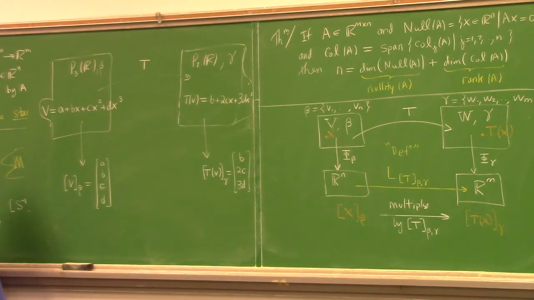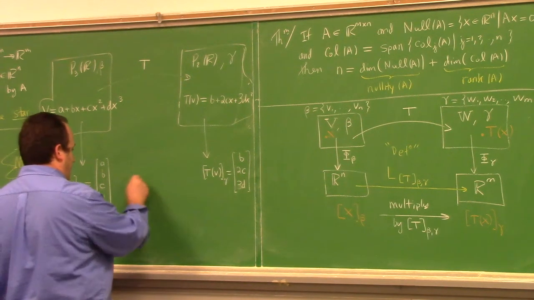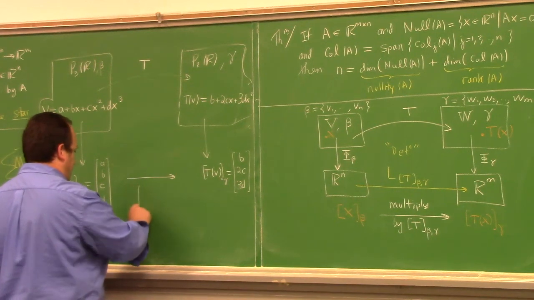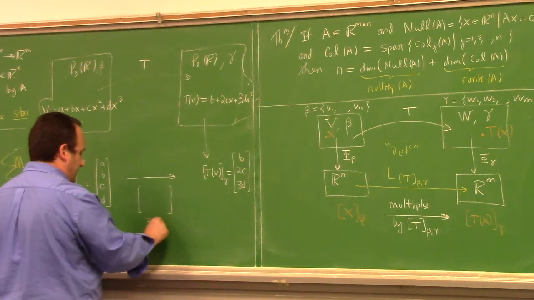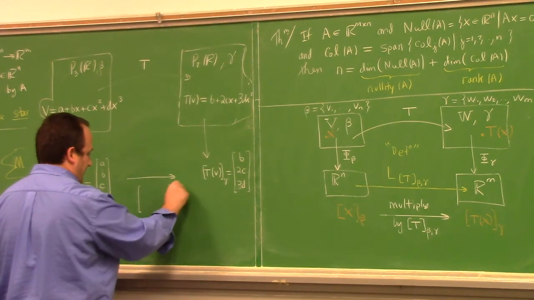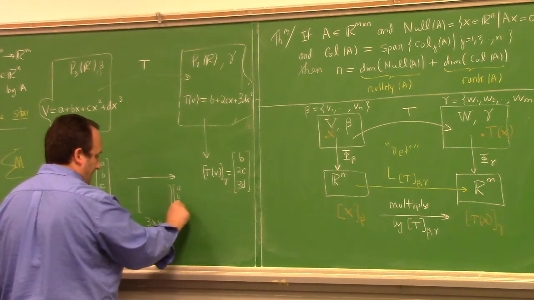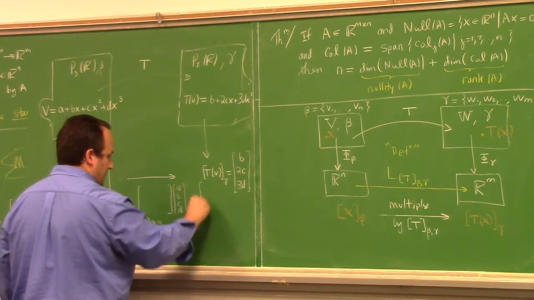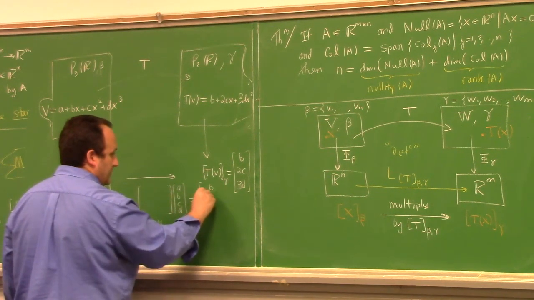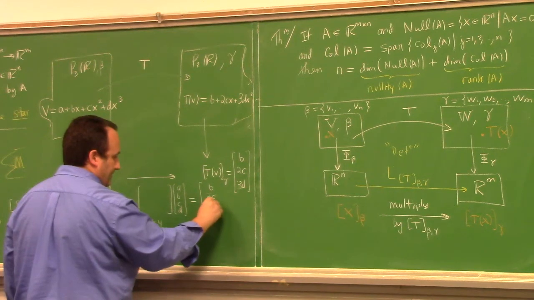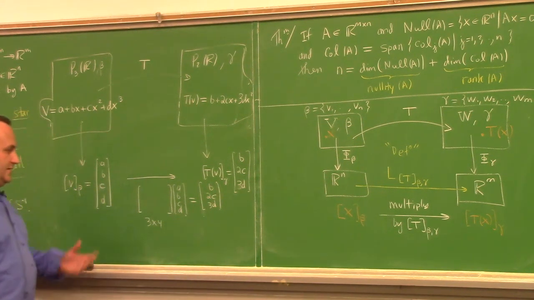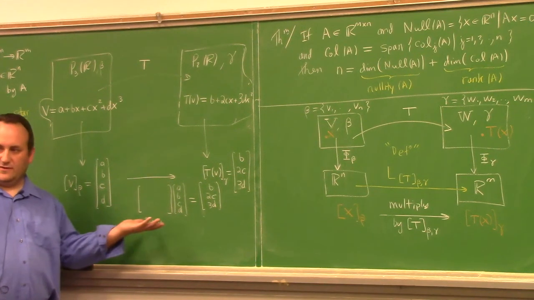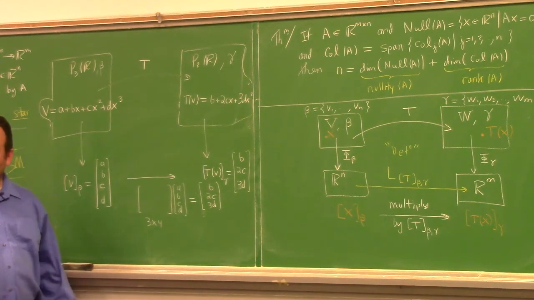Now, to find the matrix, what we need is some mystery matrix, which we can tell has to be a 3 by 4 matrix, such that this matrix times a, b, c, d is equal to b, 2c, 3d. And then to calculate the matrix, you just fill in the blanks.